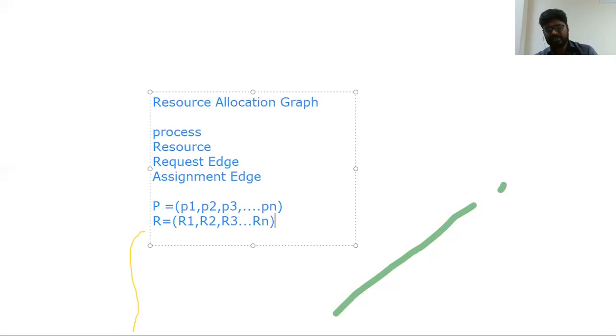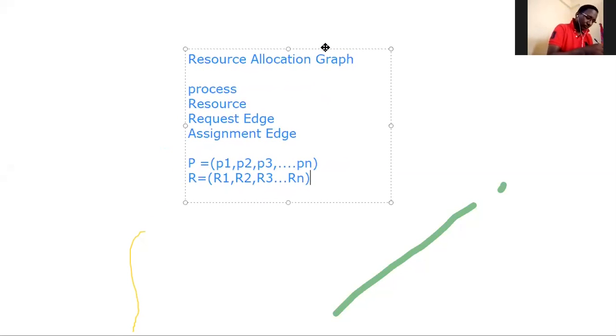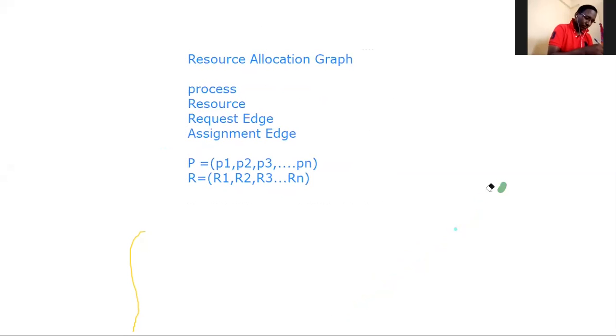The set of processes is called P, and the set of resources is called R. Now we have discussed what a process is, what a resource is, what a request edge is, what an assignment edge is, and how processes and resources are represented. This should be mentioned.